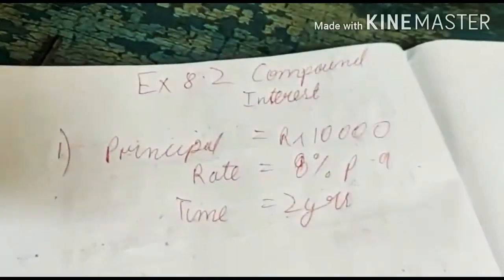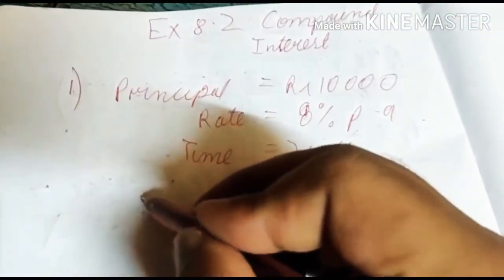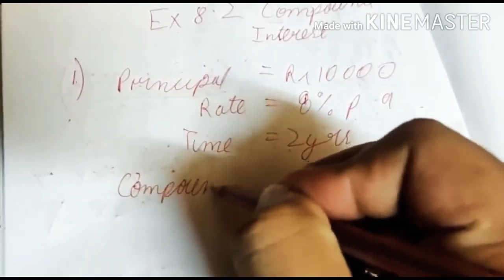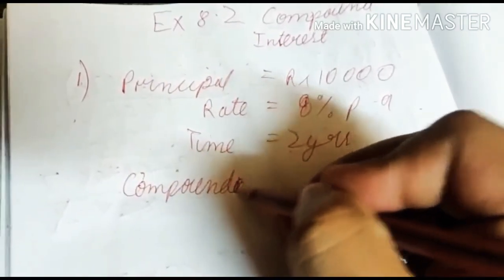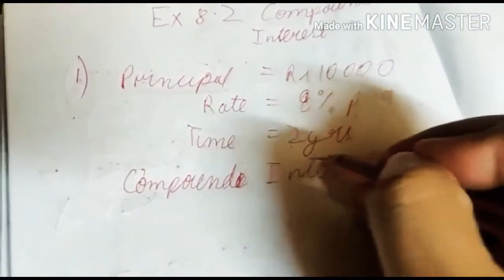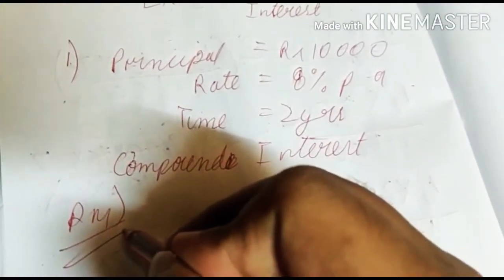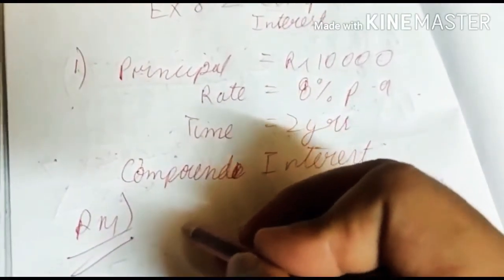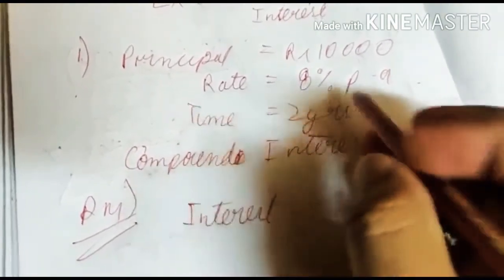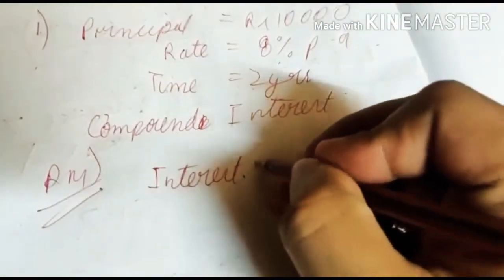As said by me, in compound interest, it is compounded interest. In compound interest, what we do, we calculate the interest yearly. We have interest for 2 years now, so we will calculate interest for the first year.